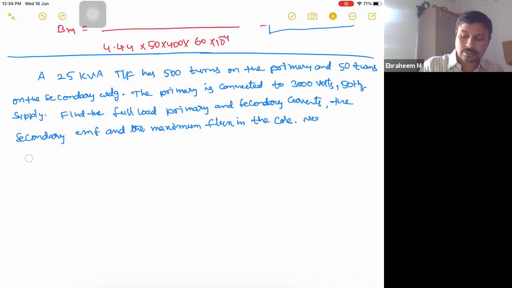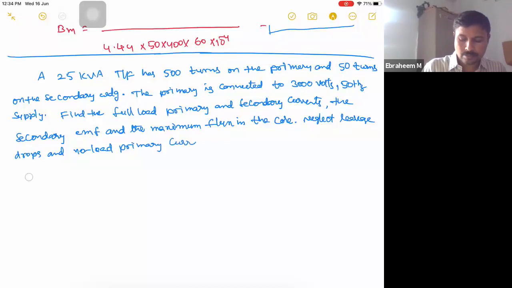Neglect leakage drops and no load primary current.